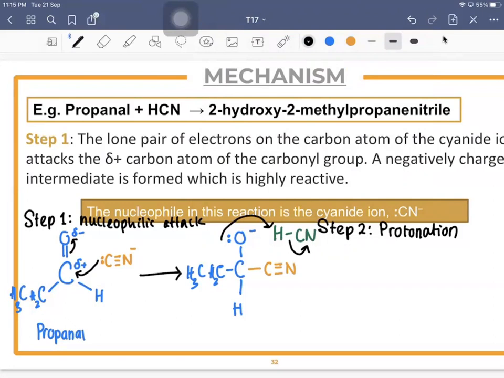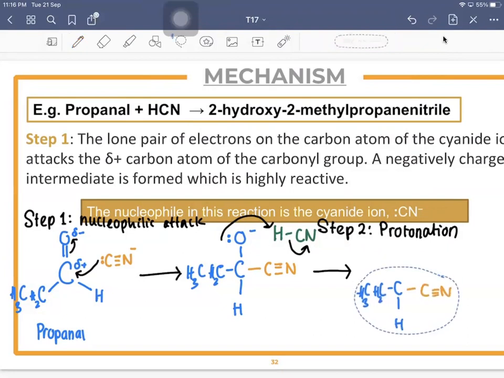So if it forms a bond with oxygen, it has to let go of the CN part, which is the cyanide ion. So in step 2, you will get this carbon with CH2, CH3 that stays unchanged. The hydrogen also stays unchanged. The nitrile is already happy in that molecule.